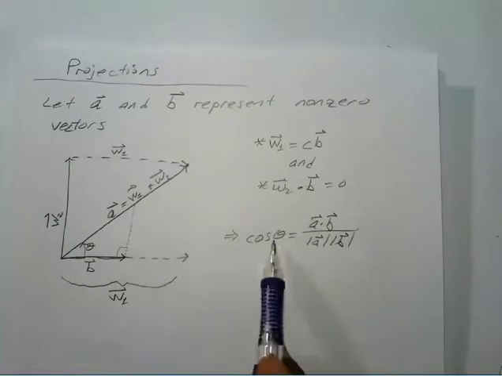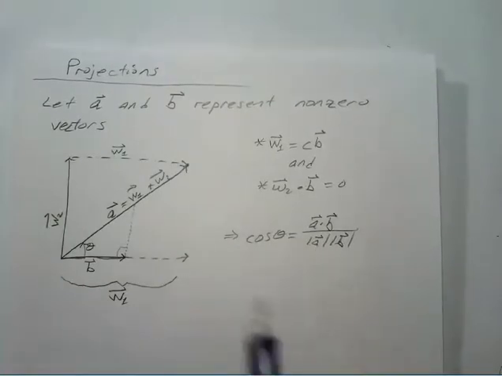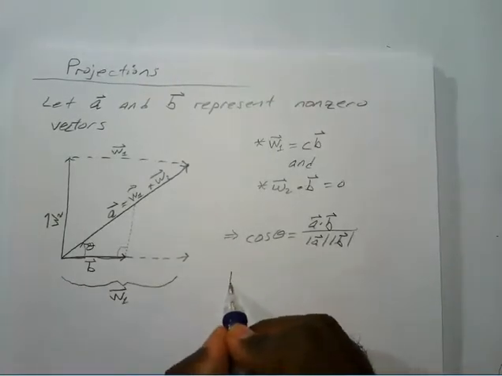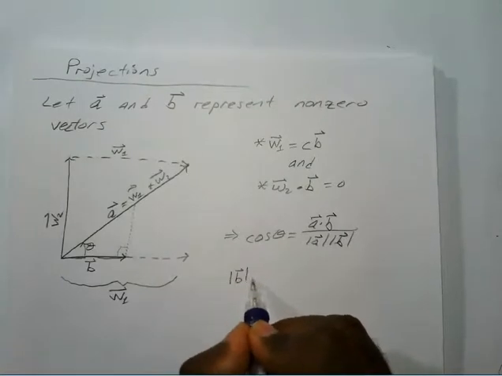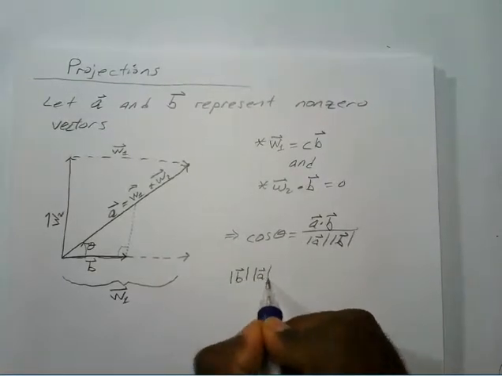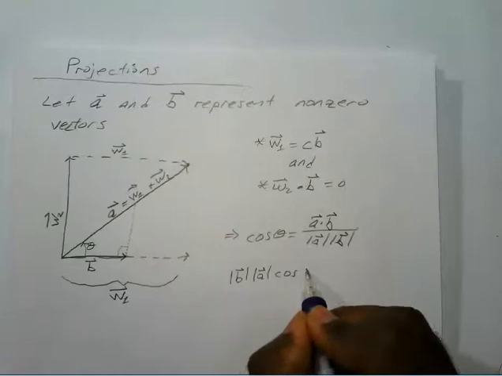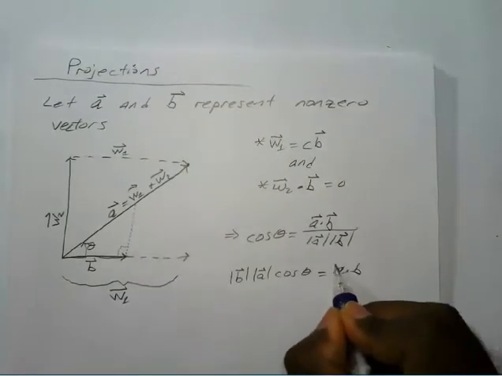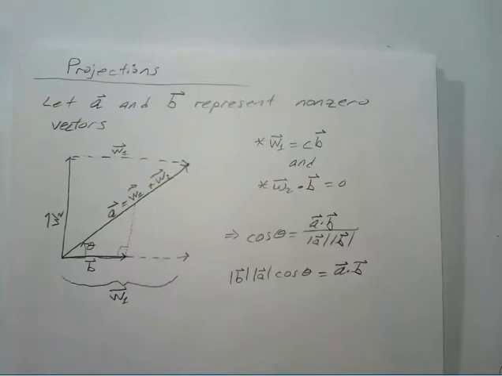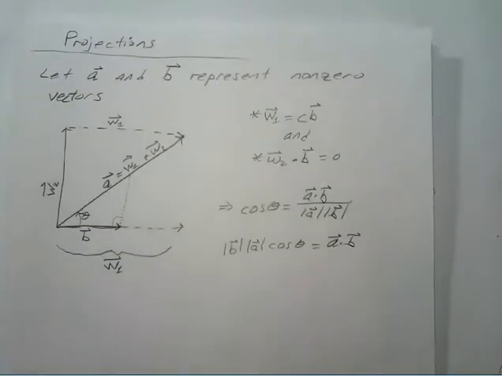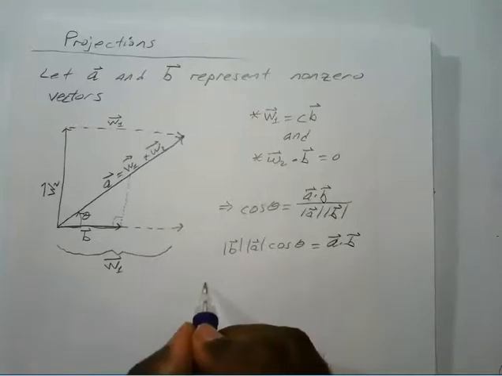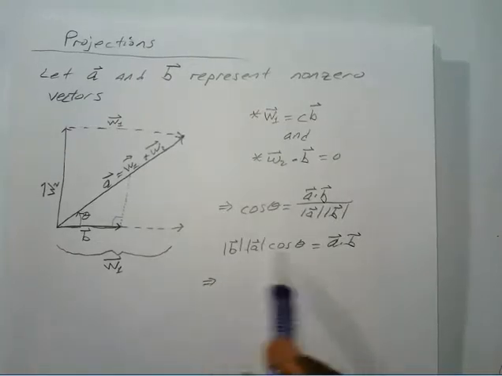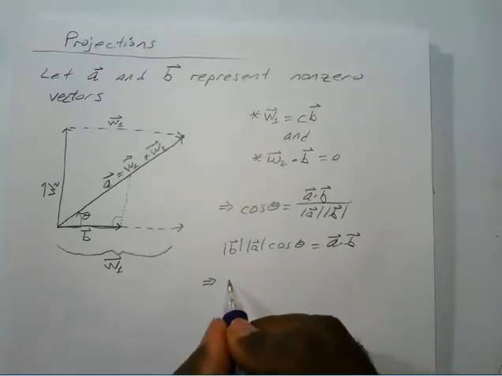Okay, if we multiply both sides by the magnitude of A and B, we have the magnitude of B times the magnitude of A times cosine theta equals the dot product of A and B vector. Now what if we just divide both sides by the magnitude of B?